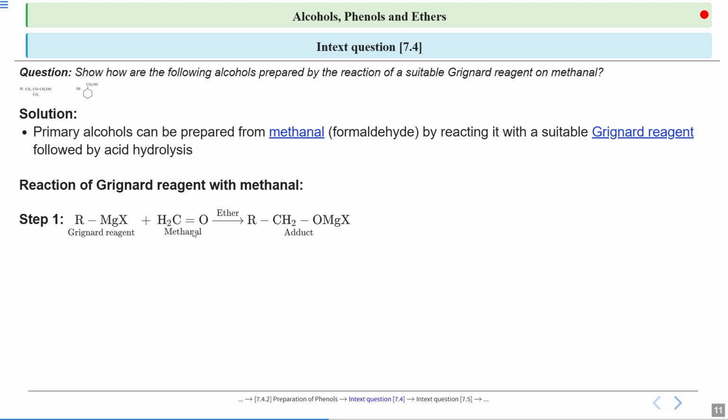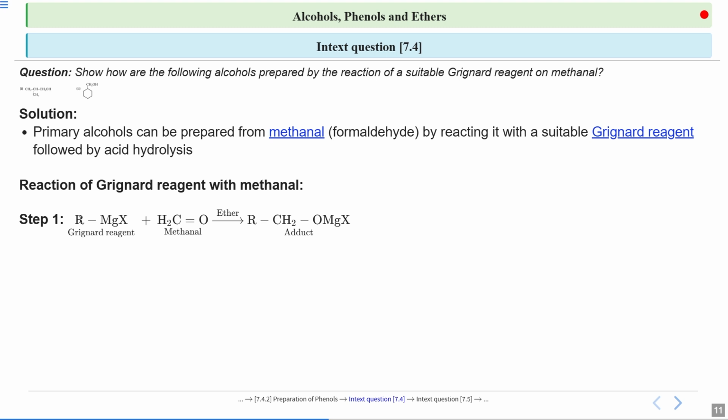Now who will attack on this oxygen, O minus? Here MgX has a partial positive charge, so this MgX group will attack on this O minus, and OMgX is formed. Here your carbon has a partial positive charge and this R has a partial negative charge.